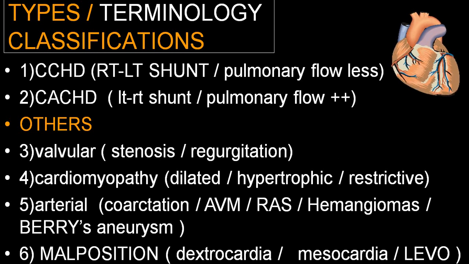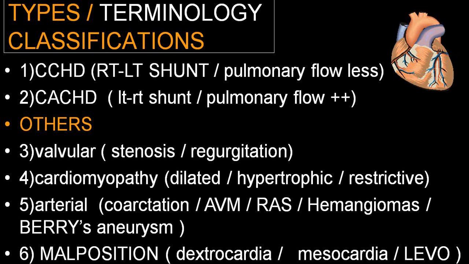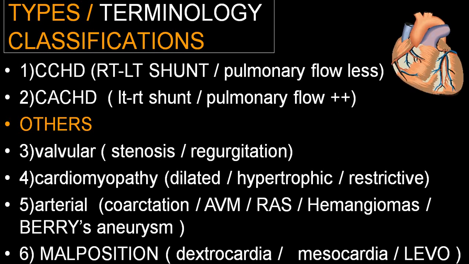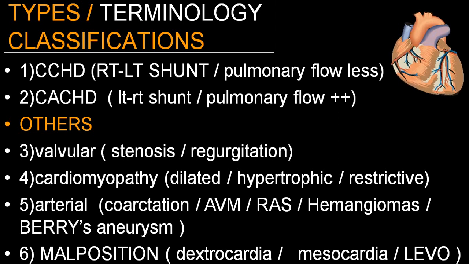There is a third group we call the obstructive variety, where you get valvular stenosis or, very rarely, valvular regurgitation. There is another group we call cardiomyopathy, which can be the dilated variety, where there is an increase in the size of the ventricular volumes, or hypertrophy of the myocardium producing obstruction at the outflow of valvular structures like pulmonary or aortic, or stiffness in the myocardium leading to restrictive cardiomyopathy.